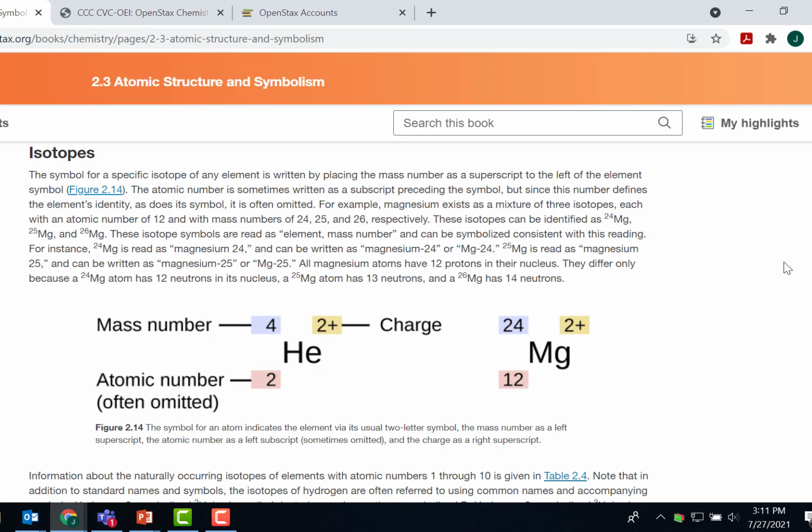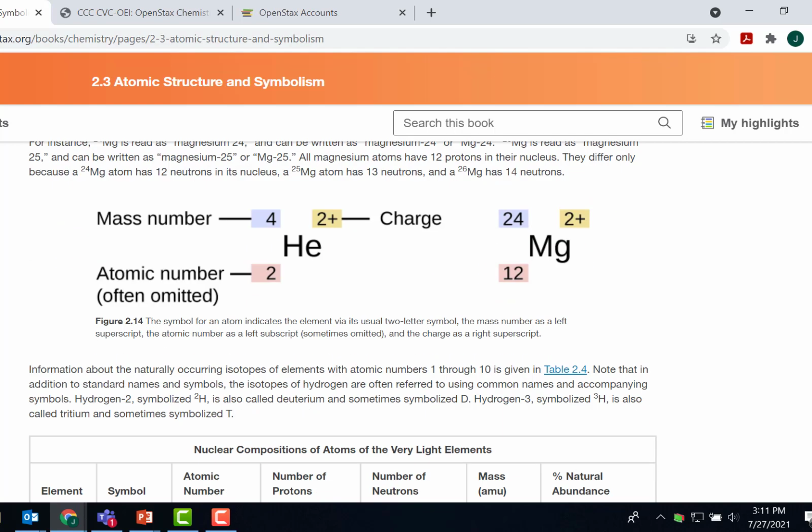So what you would want to be able to calculate from this information is if you have a particular isotope, can you find how many protons, how many neutrons, how many electrons, given this kind of information in terms of mass number, atomic number, charge. And then, of course, a periodic table if you're not given the atomic number, a periodic table to look that up for the element you're looking at.